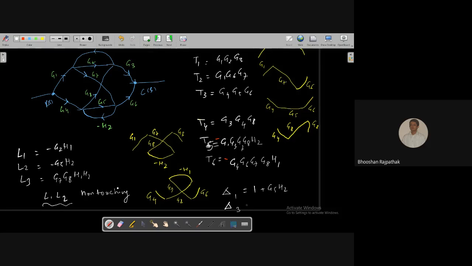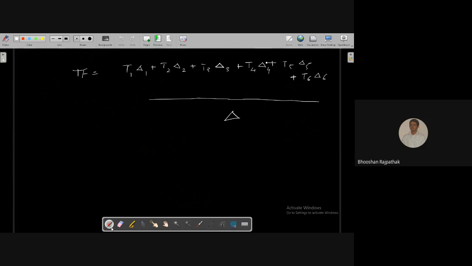Similarly, what is the next? Delta 3. The forward path is this G4, G5, G6. So this forward path, this loop is non-touching. So its formula will be for delta 1 plus G2, H1. And remaining all deltas are 1. So delta 2, delta 3, delta 4, delta 5, delta 6, they are all 1. So just substitute them.